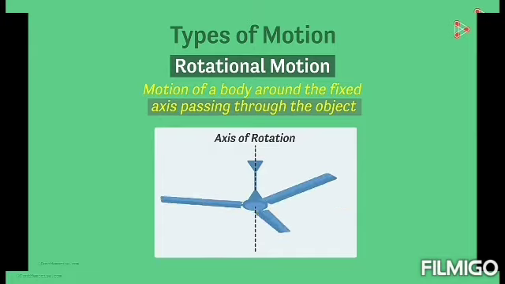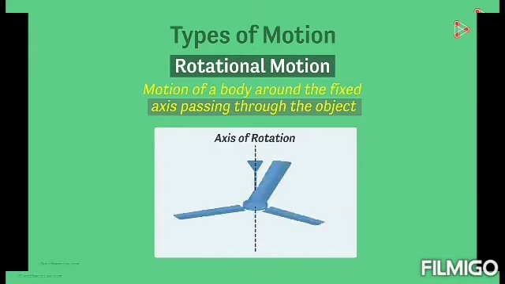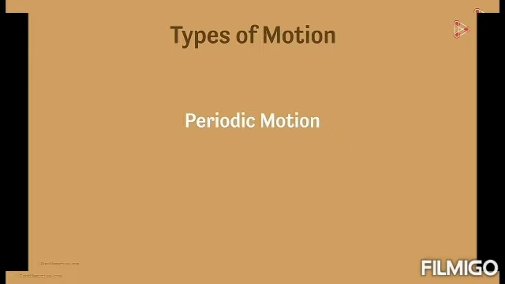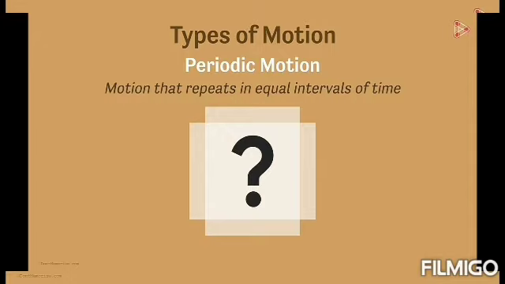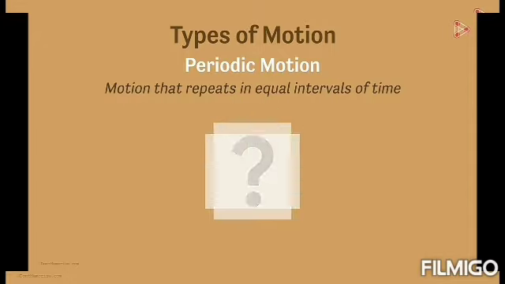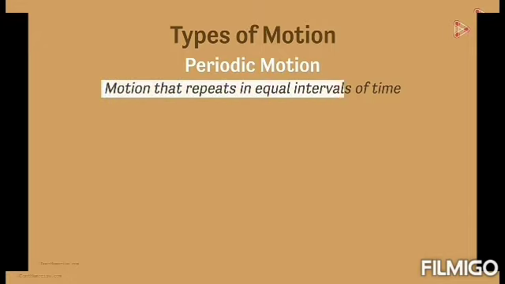And the final type of motion is periodic motion, which is motion that repeats in equal intervals of time. Can you think of any example of this type of motion? Any object repeating its motion in equal intervals of time is undergoing periodic motion.